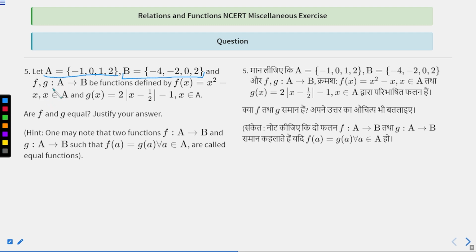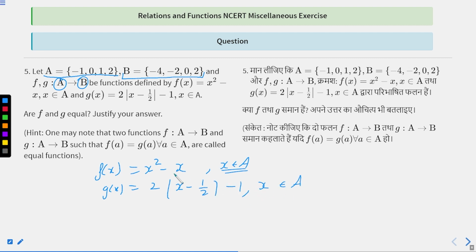F and G are both functions defined from A to B. F is defined by x square minus ax, where x belongs to the domain, which is A, and g(x) is defined by this, where x belongs to the domain of G, which is the same as the domain of F, which is A. Are F and G equal?